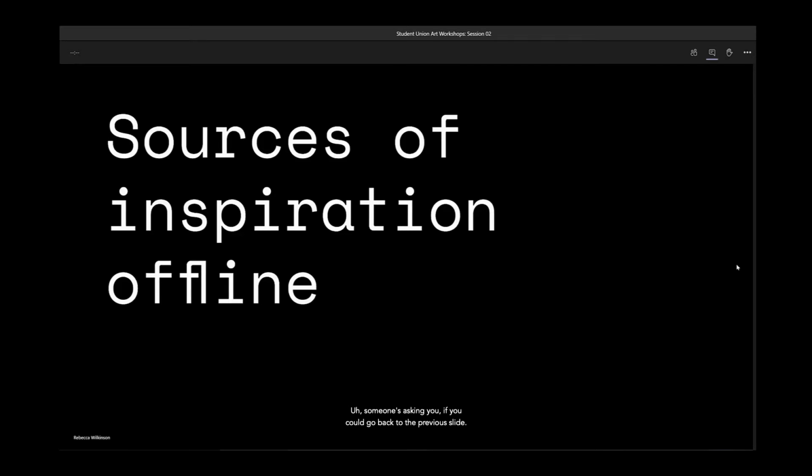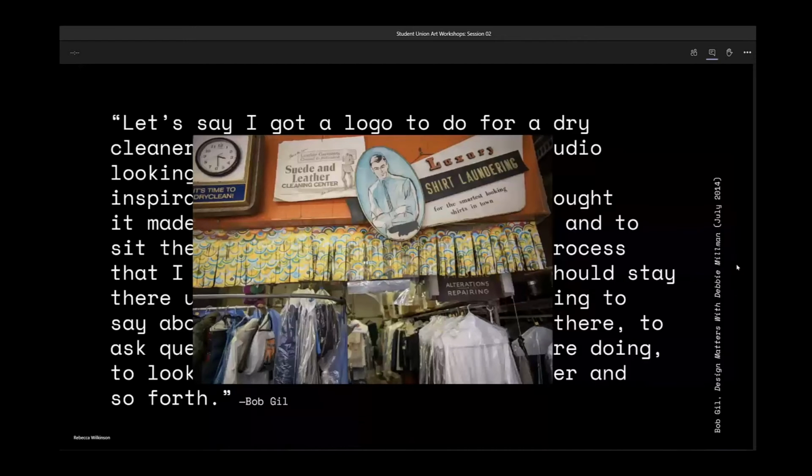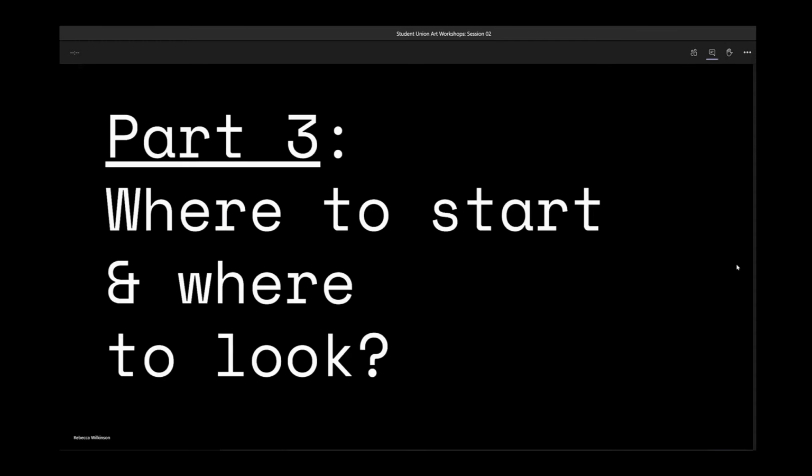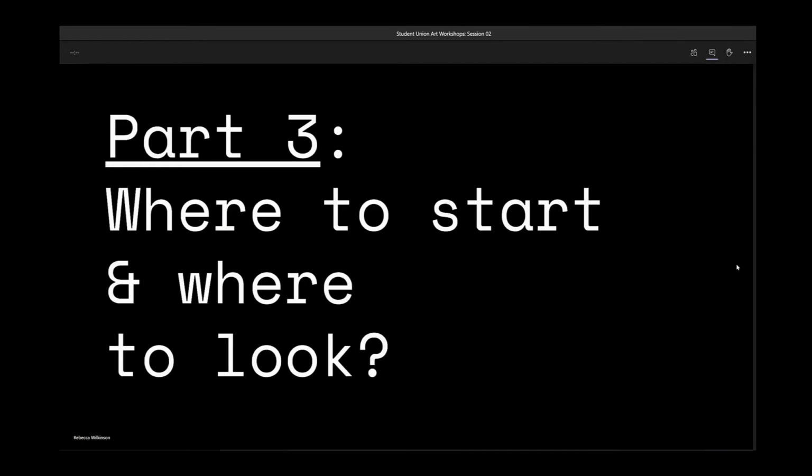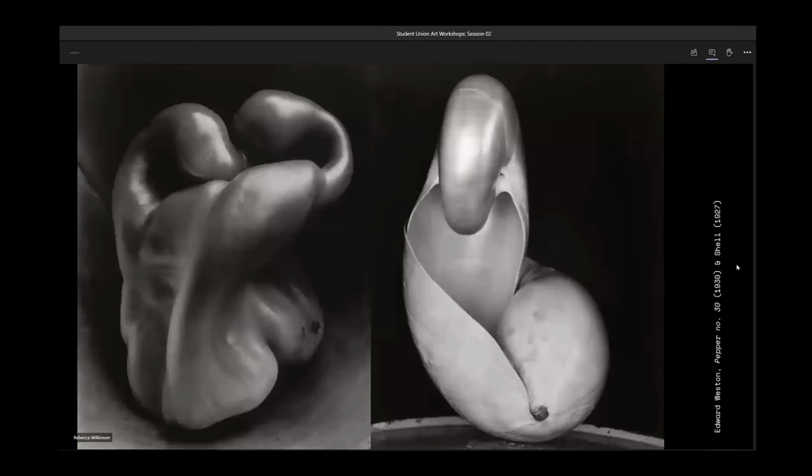Someone's asking if you could go back to the previous slide, to the one before this. This one? I believe so. The film festival posters? They're saying not this one. Let's see. Which one were you saying? Is it after this or before this? Sorry, I can't see the chat because I'm on full screen.